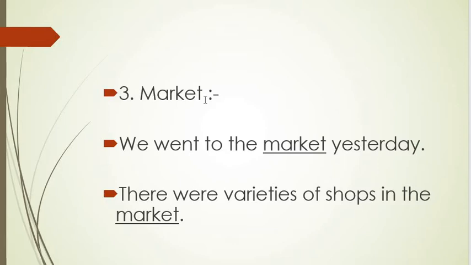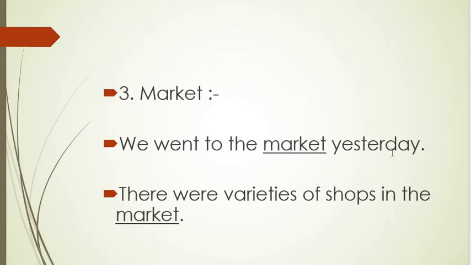There might be the supermarket also, there might be types of markets, but in general we get all the things in the market, whether it is footwear, clothes, a hat, games, and varieties of things. So I have made the first sentence, we went to the market yesterday.